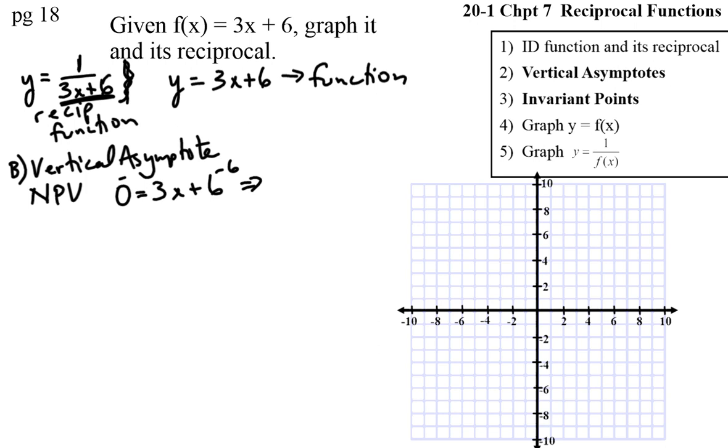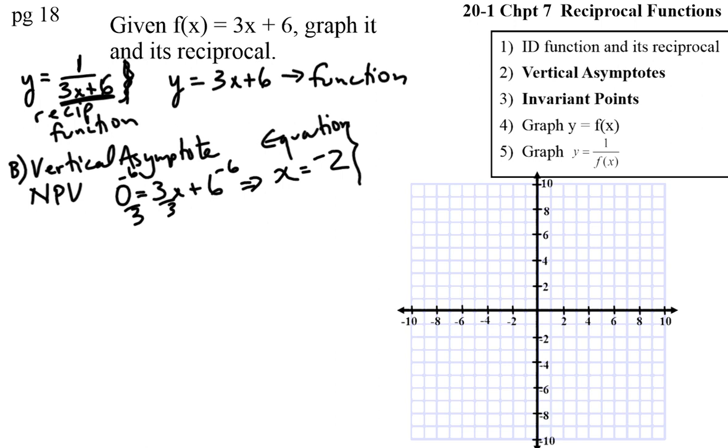Subtract 6 from both sides, divide by 3. And in this case, our asymptote occurs where x equals negative 2. So at x equal to negative 2, there's the equation of our vertical asymptote.